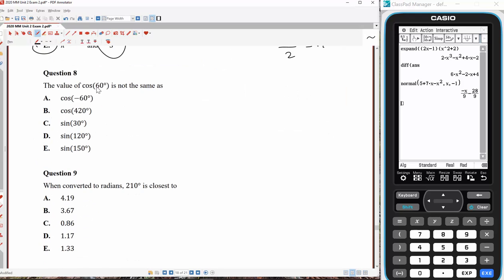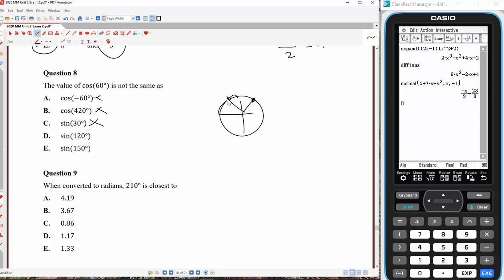The value of cosine of 60 degrees is not the same as -60. 420 is 360 plus 60, so that's the same. Sine of 30 and cosine of 60 is a half.